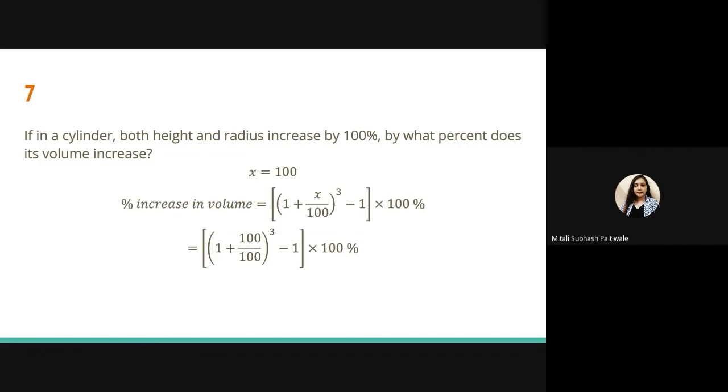Now remember, here we have to do the calculation carefully. 2 to the power 3 minus 1, into 100, is equal to 8 minus 1 into 100, which is nothing but 700. So 700 is the right answer for it.